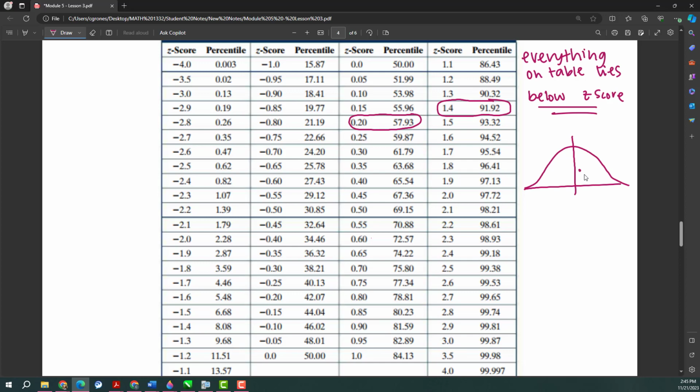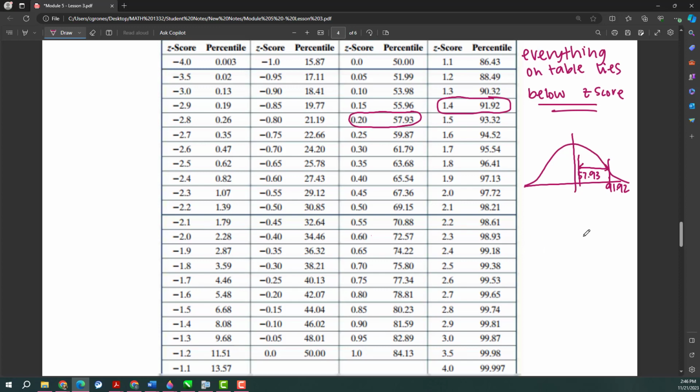So we've got one z-score right here that is 57.93, and the other one is over here somewhere at 91.92. In order to find the percent that lies between, we need to subtract 91.92 minus 57.93.